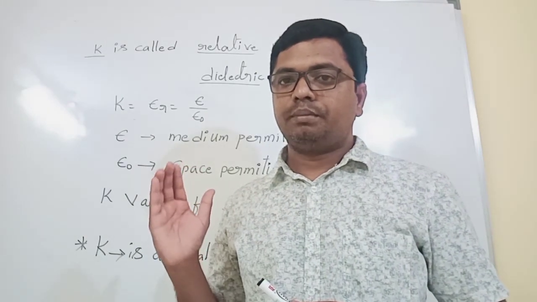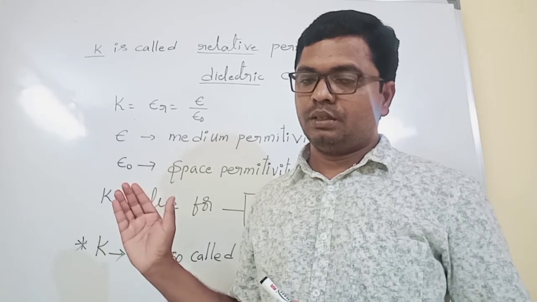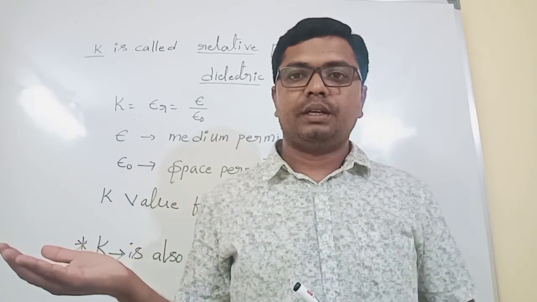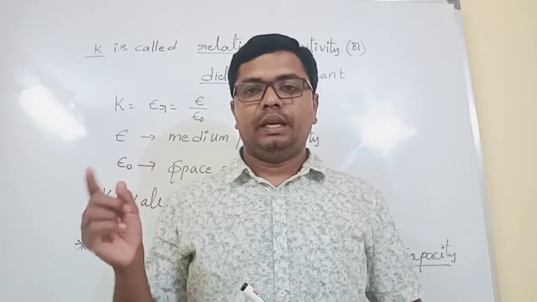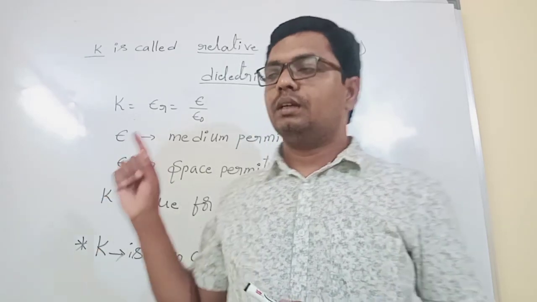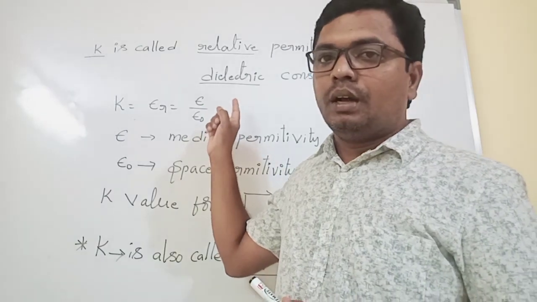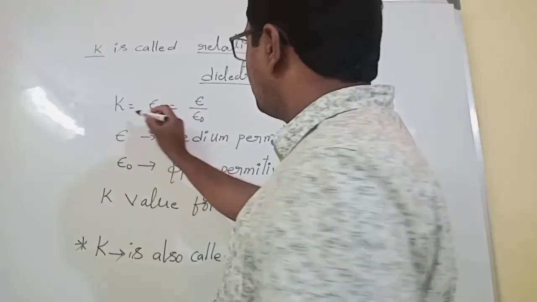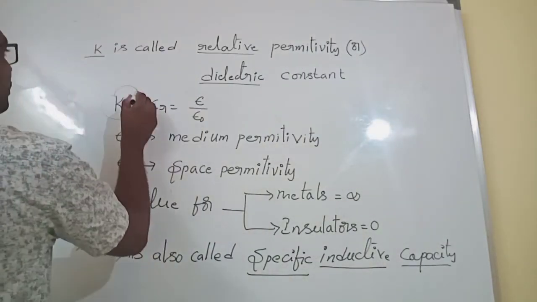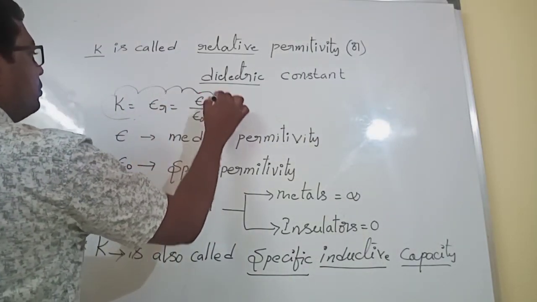After that, we discussed the dielectric permittivity. Epsilon naught is the permittivity of the space. If you introduce any other medium, then that medium's permittivity is epsilon. Epsilon by epsilon naught is called the dielectric constant K or relative permittivity. You may have a doubt, but both are the same.